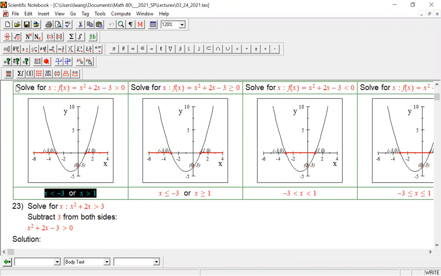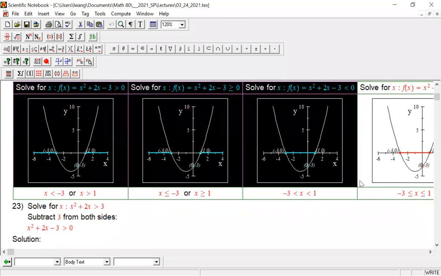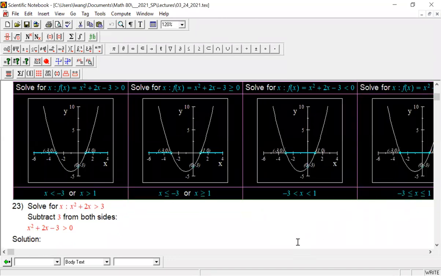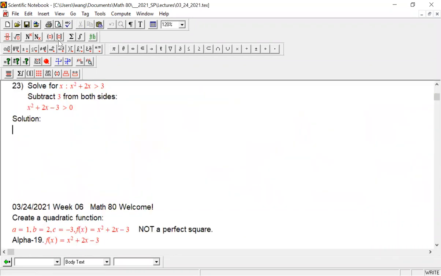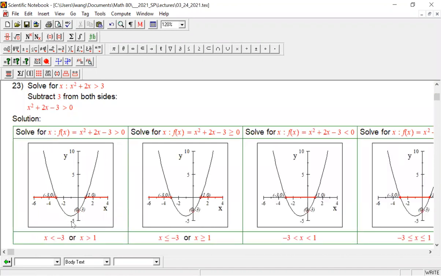Now, if you look at 23, 24, 25, 26, I will continue this table. And of course we know the solution is here.